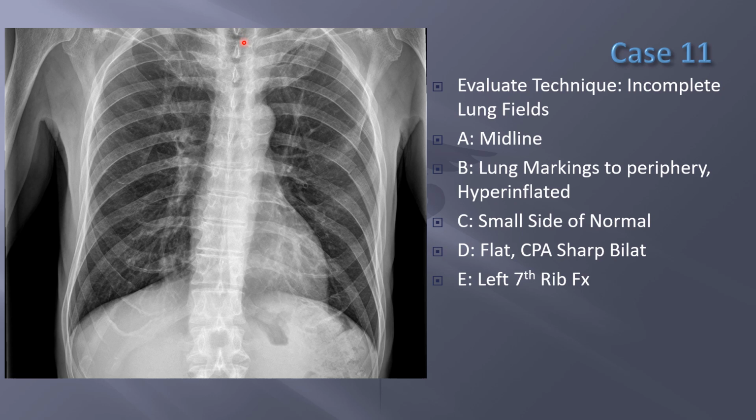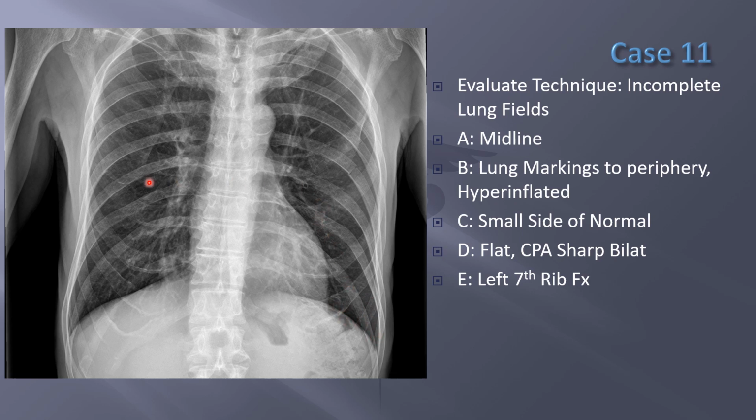So we'll go along with our A, B, C, D, E. Trachea is kind of midline. I can't really see right and left main stems real well. So we'll go to B, lung markings. I got these wispy lung markings all out to the periphery, so no pneumothorax anywhere.